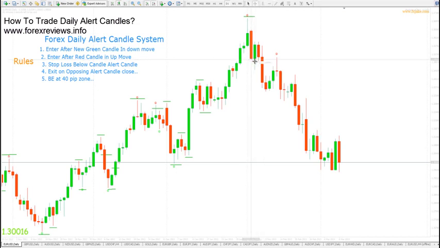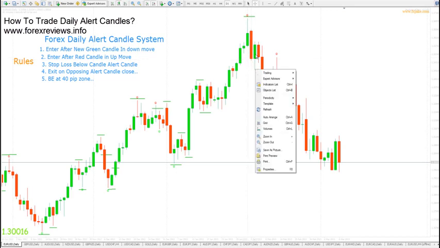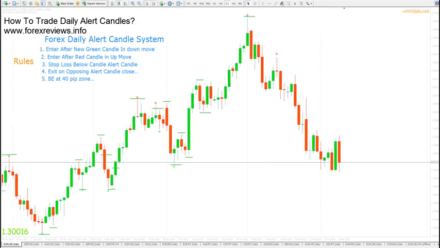So you wouldn't enter until here, right? And that went 51 pips there, which basically stopped you at a break even, that trade.